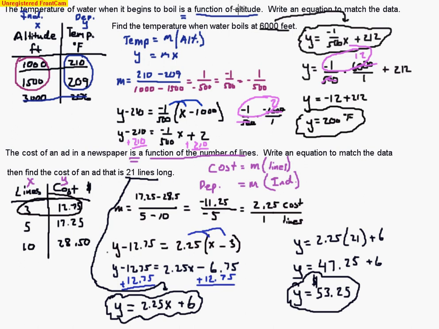The temperature of water boiling depends on how high up we are. And just as the cost of running an ad depends on how many lines we decide to use. One line is going to be cheaper than 21 lines. So thinking about what is x and what is y is important so that you know how to figure out what the slope of the line is. Well, good luck on tonight's problems.